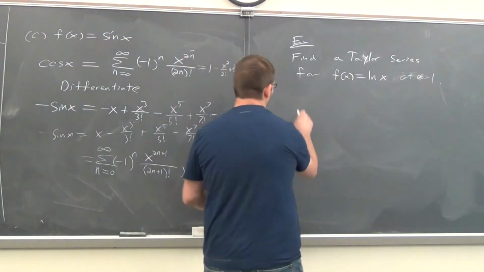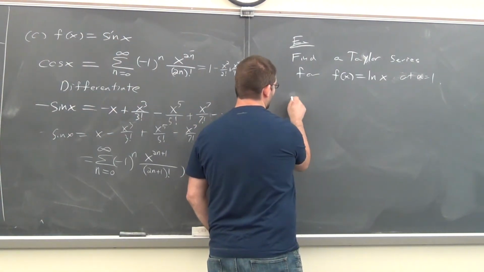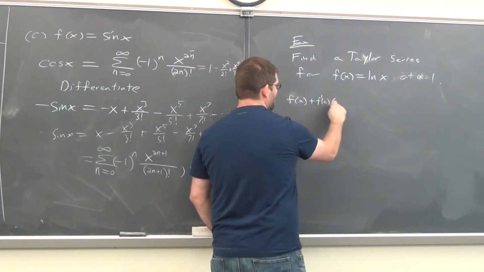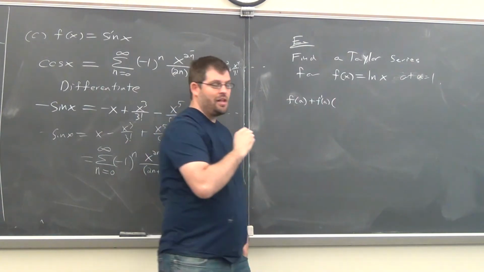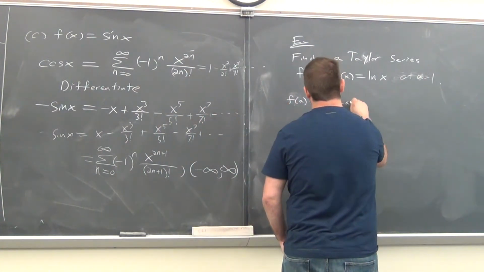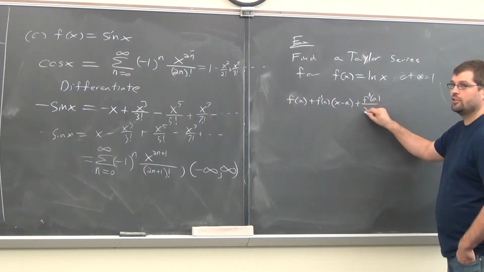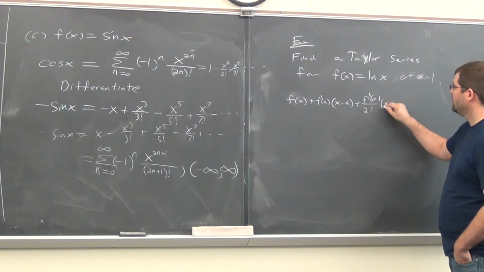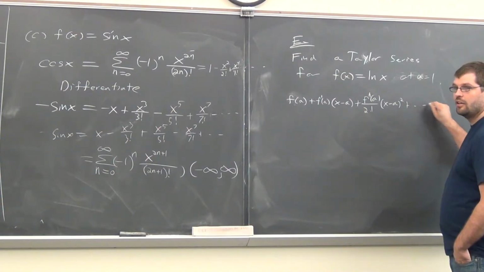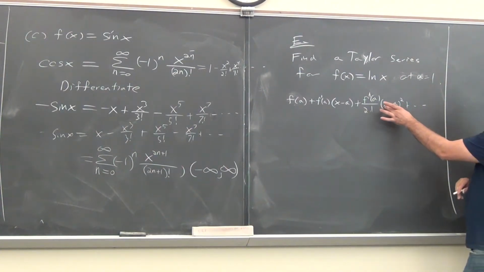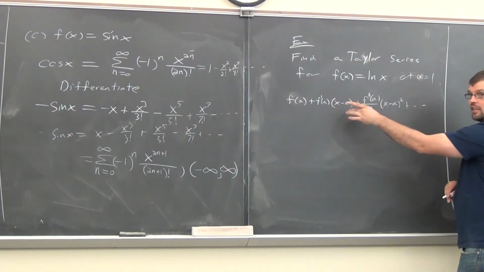So we'll use that formula for the Taylor series now. The Taylor series is going to be f of a plus f prime of a times not x, but x minus a, plus the second derivative of a over 2 factorial times x minus a squared, and so on, right? So we want to do exactly the same thing we did, we just want to be careful when we write it out, it'll be x minus 1 instead of x.